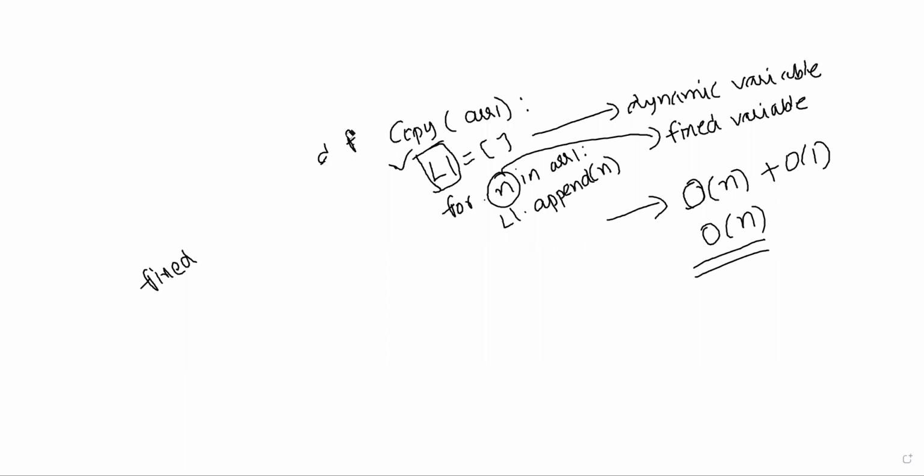So this is how you calculate the space complexity. You always calculate it by counting the variables which are declared inside that algorithm, that function, or procedure, whatever you call it.